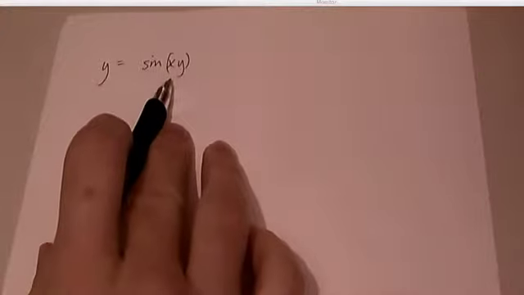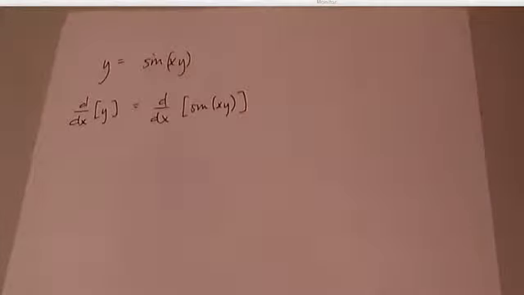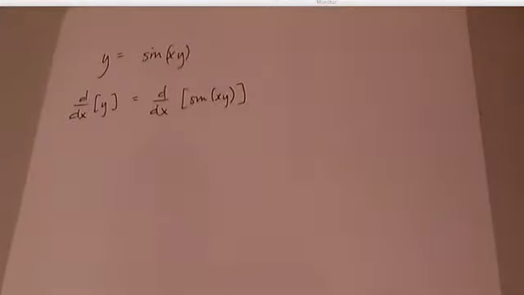Let's go ahead and do one more example, and then we'll be done with this particular video. So let's say we have y is equal to sine xy. And if we do this enough, you're eventually going to wind up knowing the derivative of x times y sort of by heart. So in this case I'm going to remind you, just by the notation, that we are differentiating both sides, and that is an operation I'm doing to both sides, in accord with the cardinal rule of equations, which is what I do to one side, I have to do to the other.